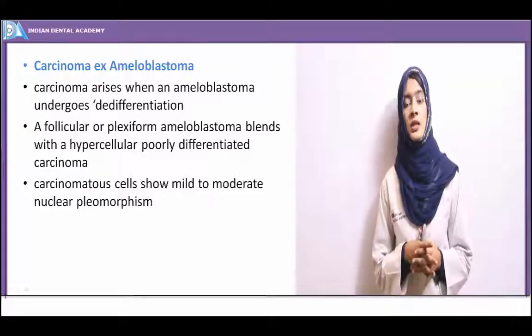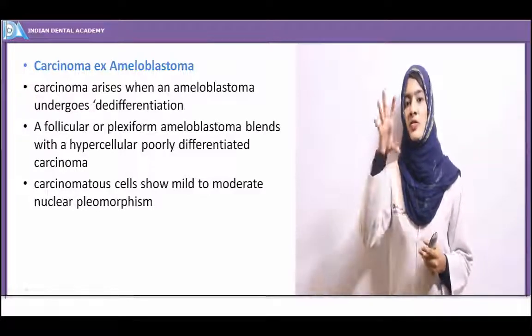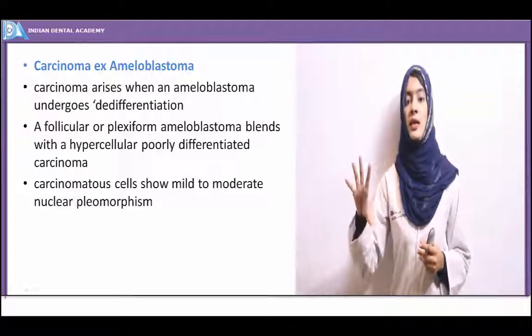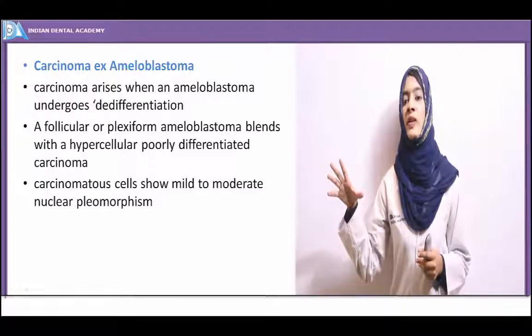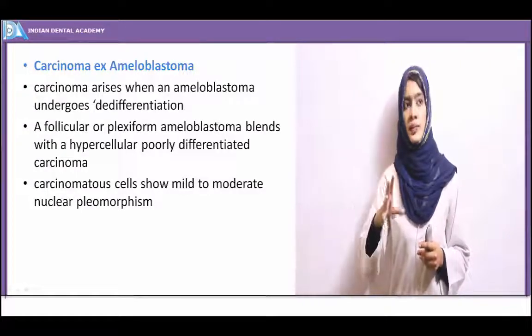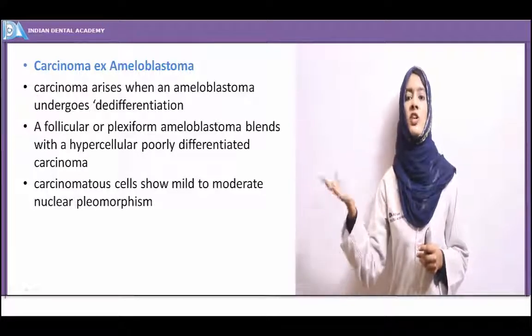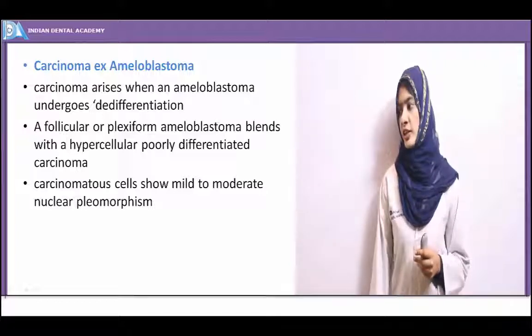Initially, most of the time the follicular pattern of ameloblastoma, that is the islands of epithelial cells with central stellate reticulum-like cells, or the plexiform variant with interconnecting strands of ameloblastic odontogenic epithelium, undergo this hypercellularity. There is an increase in number of nuclei, loss of polarity, and they develop into the poorly differentiated carcinoma.